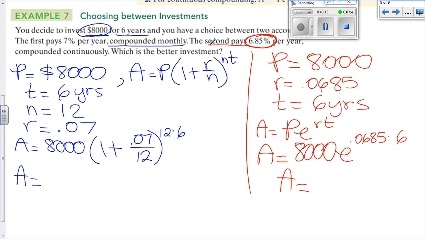Okay, I want this side of the room to answer the question about the one compounded monthly, and then you guys here will solve the question about continuous compounding. You may use your calculator.